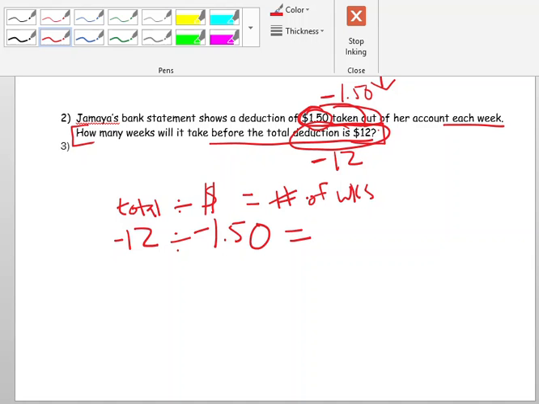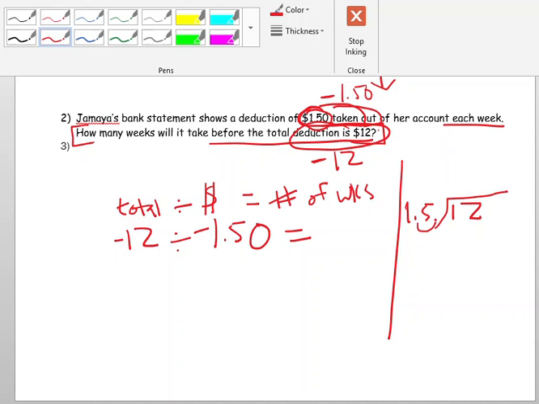So what I'm going to do is I'm going to go over here and I'm going to say 12 divided by 1.5. All right, so I'm doing this as a review of how to do division with a decimal.